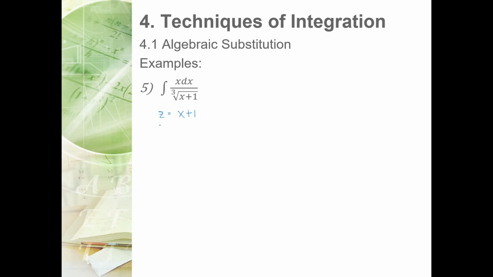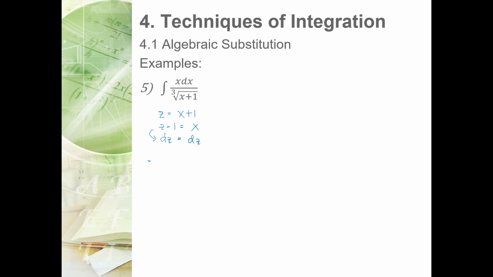If you isolate your x variable, because we have an x variable in the numerator, that's z minus 1 is equal to x, and then getting the derivative, dz is equal to dx.